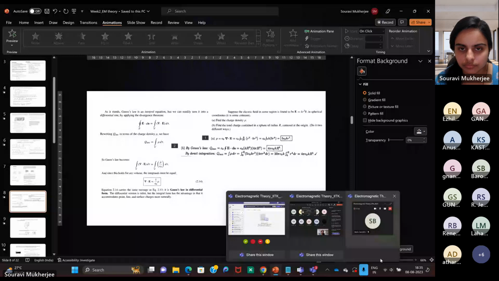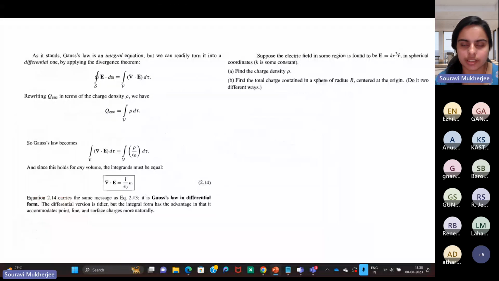So what I was telling is that, when you answered 3K R square, it's not just del R, del phi, and del theta when you go to spherical coordinates.